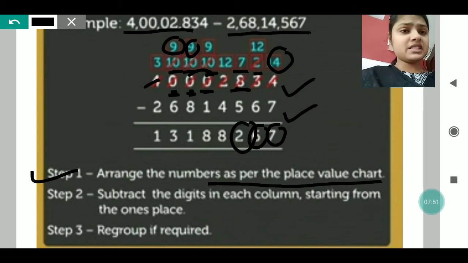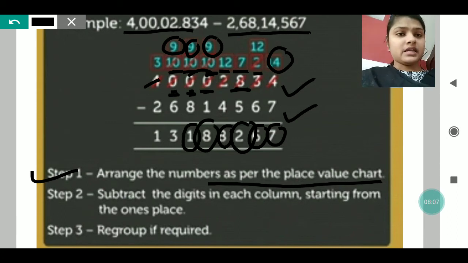Now from this 10, this 2 can take carry and it can become 12, and that can be 9. Okay, now 12 minus 4 will be 8. 9 minus 1 will be 8. 9 minus 8 will be 1. 9 minus 6 will be 3, and lastly 3 minus 2 will be 1.